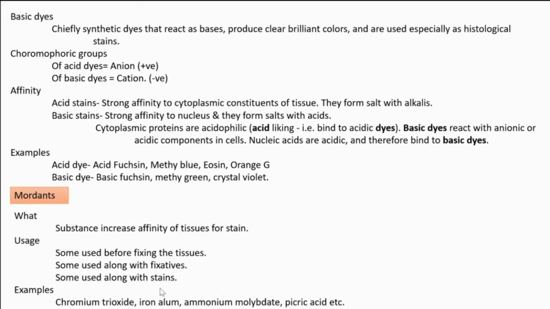Some mordants are used before fixing the tissue, some are used along with the fixatives, and some are used along with the stains only, almost in the final stage of specimen preparation, that is, during staining. Examples of mordants: chromium trioxide, iron alum, ammonium molybdate, picric acid, etc.